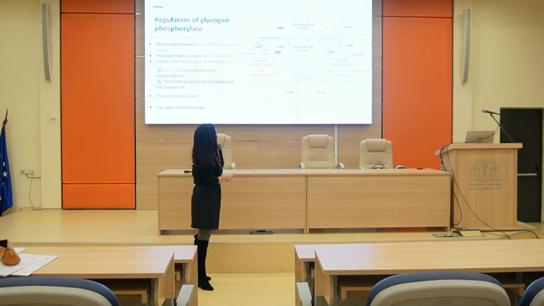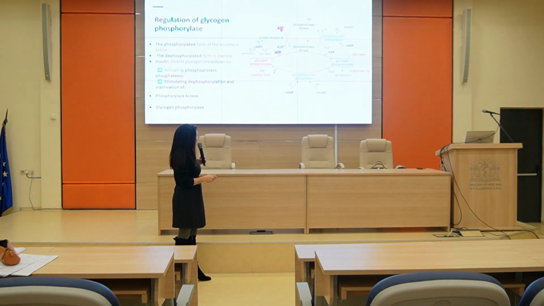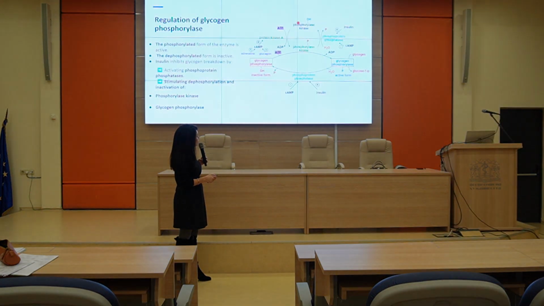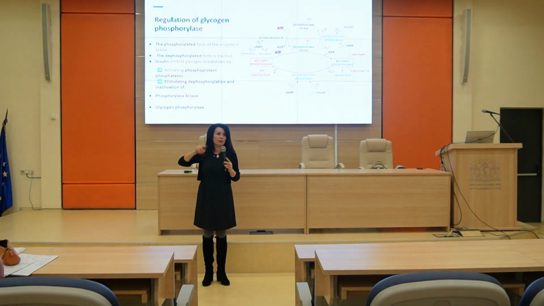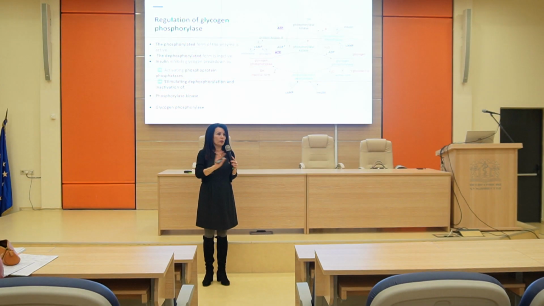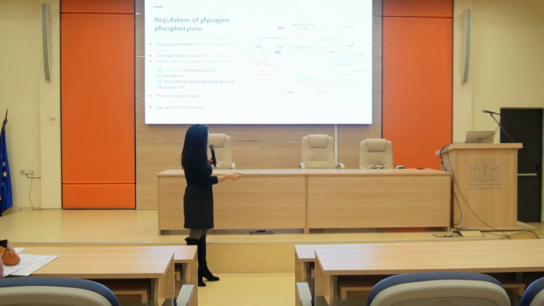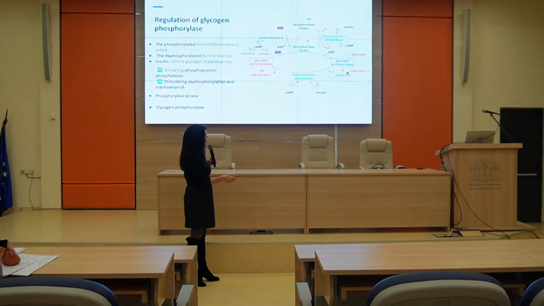And again we have protein kinase, which is used for the phosphorylation of phosphorylase kinase to become the phosphorylated form and active. Actually, all enzymes in this scheme are active in their phosphorylated form. All of them. Phosphorylase kinase is active in phosphorylated form. Glycogen phosphorylase is active in phosphorylated form too.